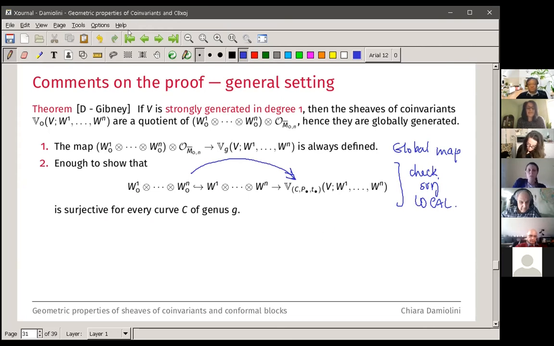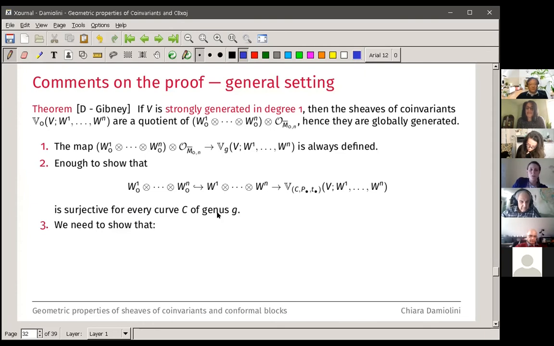Okay, and how do we do this? Well, it's natural to show this using induction on degree. What do I mean by that?